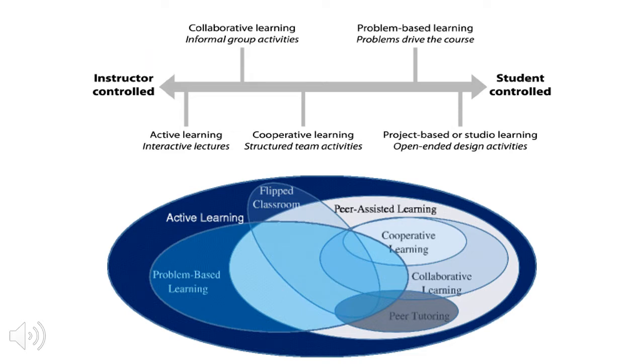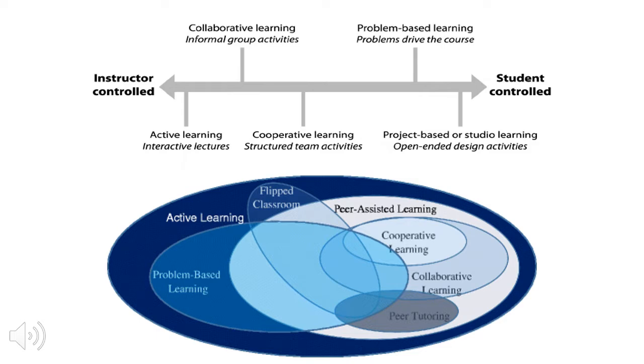Some educators are confused about active learning versus flipped classroom versus problem-based learning versus peer-assisted learning, cooperative learning, and others. How do we differentiate these learning strategies? We have to look into two factors. The first factor is instructor control versus student control.